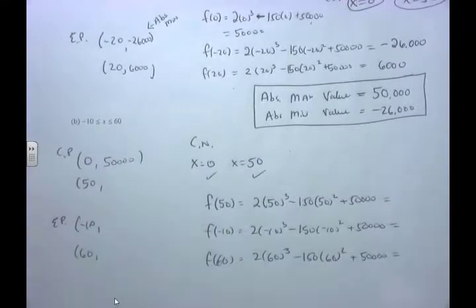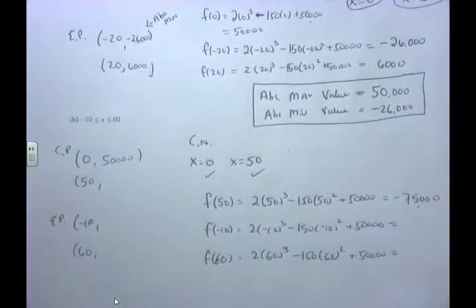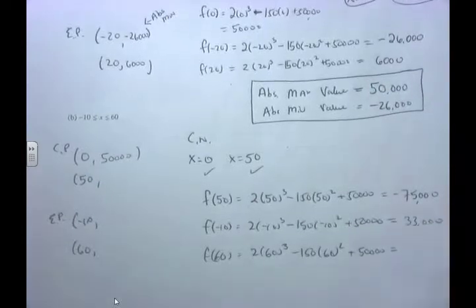Okay? So I'm going to go plug these in on my calculator again. When I plug in 50, I got negative 75,000. When I plug in negative 10, double check me on this, I got 33,000.